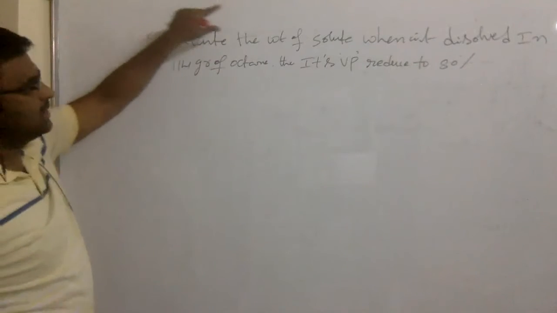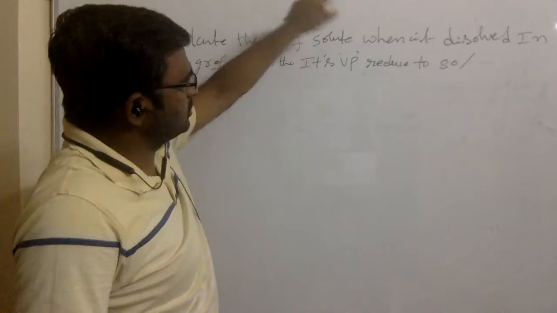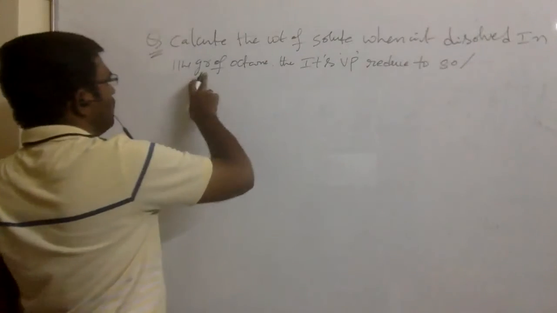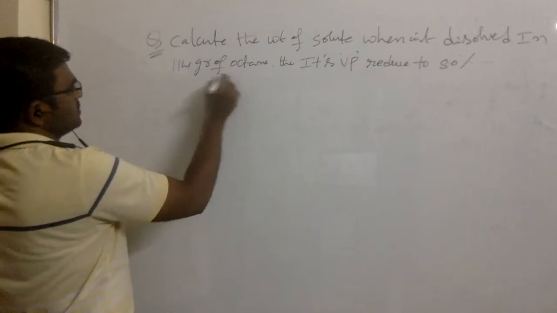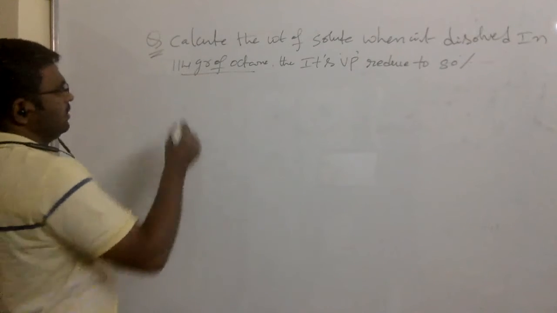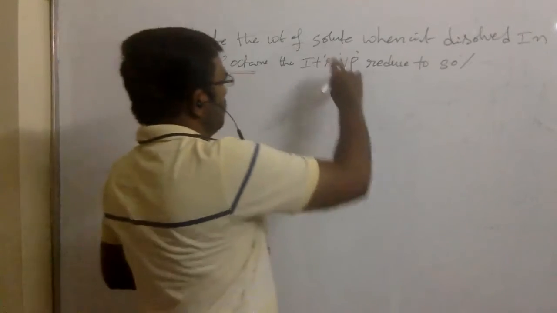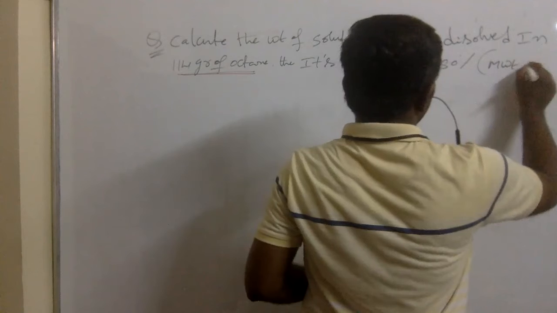See students, calculate the weight of solute means how much amount of solute dissolves in the solution, and it is dissolved in 114 grams of octane. Here octane is the solvent, remember it.